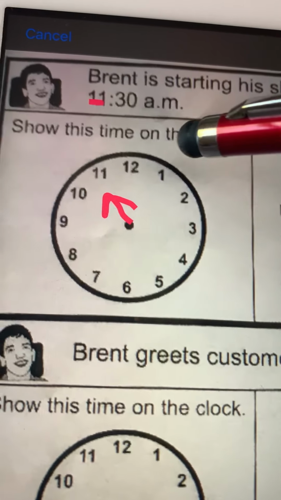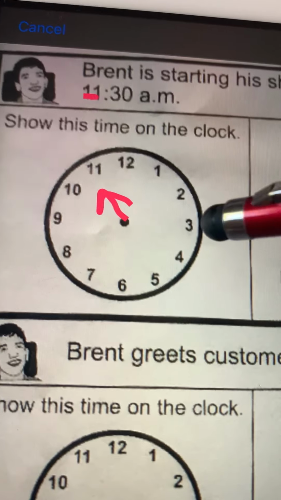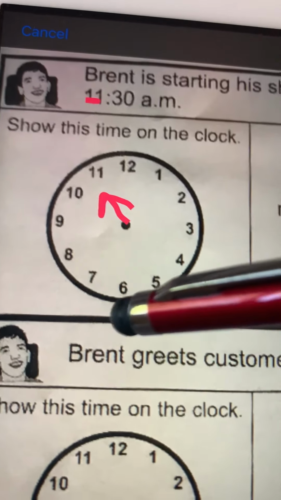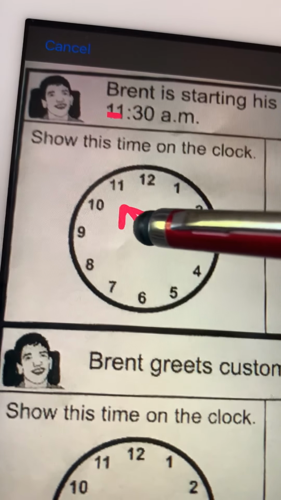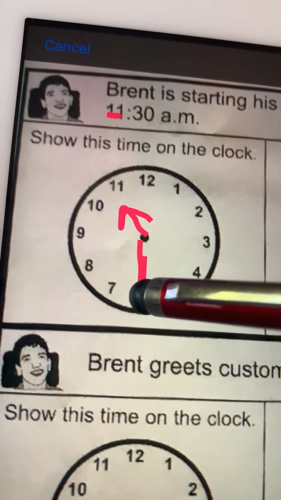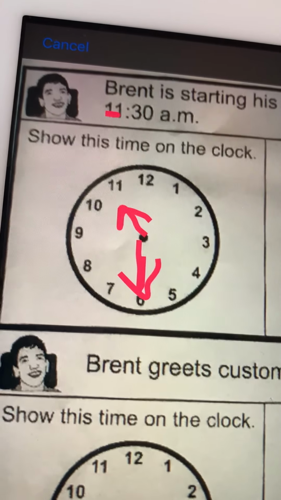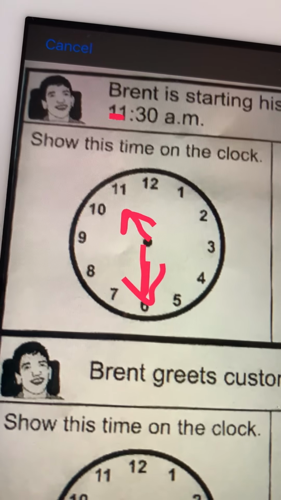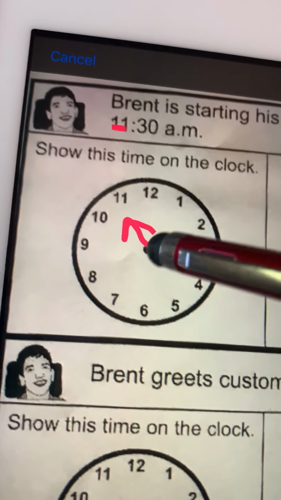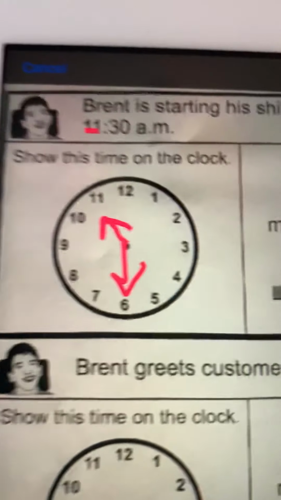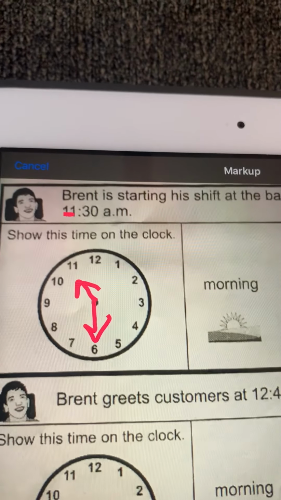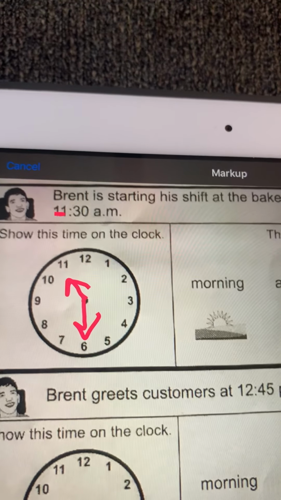So let's count. 5, 10, 15, 20, 25, 30. So my big hand is going to go down on the 6. Let's try that again. All right. So your clock's going to look something like that. Miss Tiffany's arrows are a little crazy.